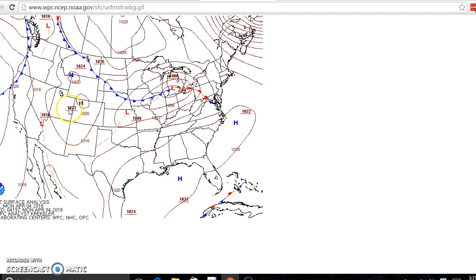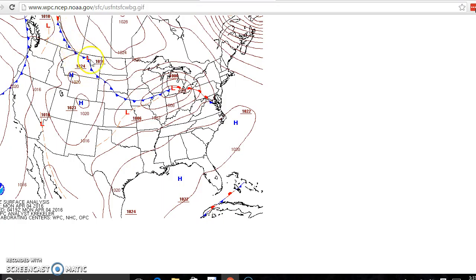Now, these specific air pressures are marking the air pressure at the center of the high or the center of the low. Just like you might see something like that on a topographic map showing the height of a mountain. Here it's the same idea. This high pressure has a pressure of 1022.